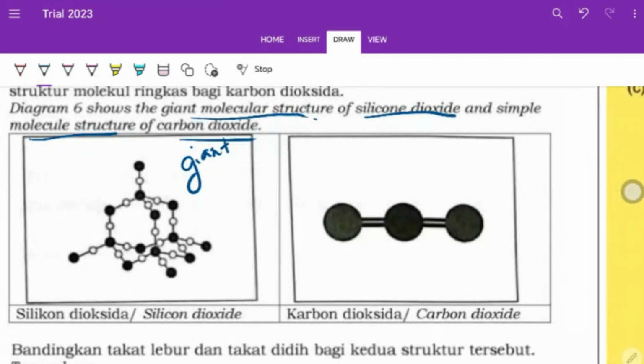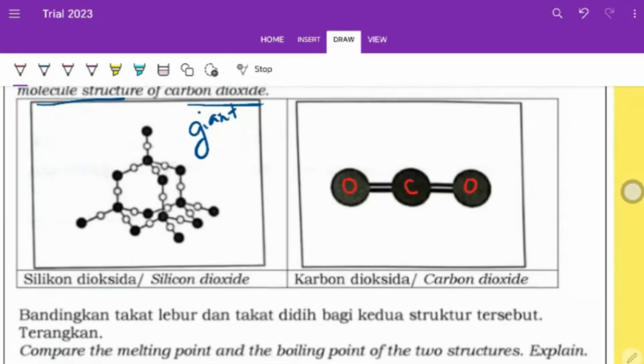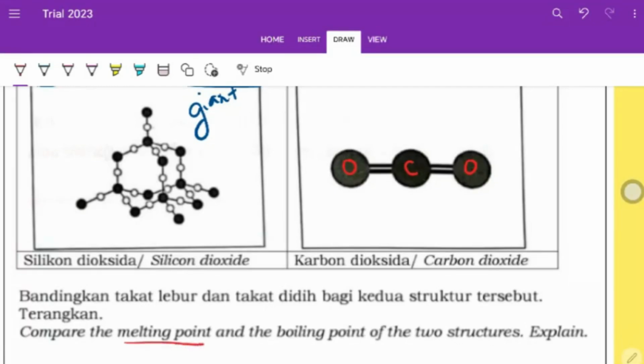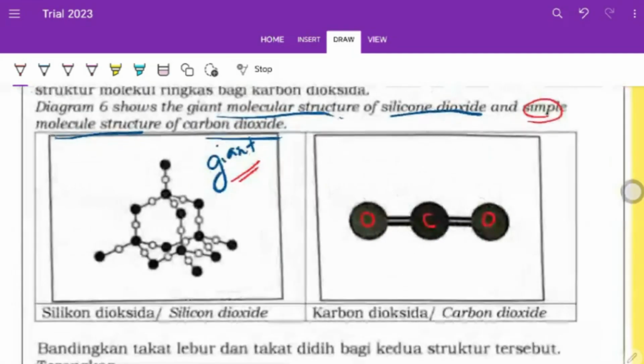Then this one is carbon dioxide, CO2. So this one is C actually. So it's not clear, C, this one O, this one O. So double covalent bond. Now compare the melting point and boiling point of the two structures. Then explain. Both are covalent, right? But this one is giant. This one is simple.